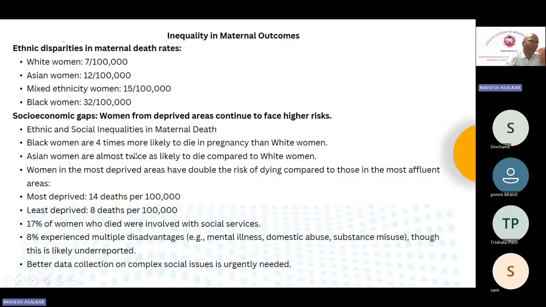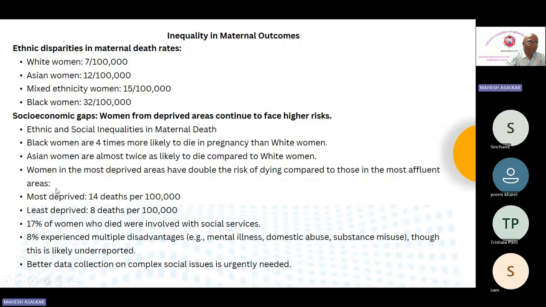So black women are 4 times more likely to die in pregnancy than white. Asian women are almost twice as likely to die compared to white women. Or they may give you these 3-4 sentences and ask which one is not correct, which one is wrong. So black women 4 times, Asian women 2 times as compared to white women. Clear this much? These figures you will remember.